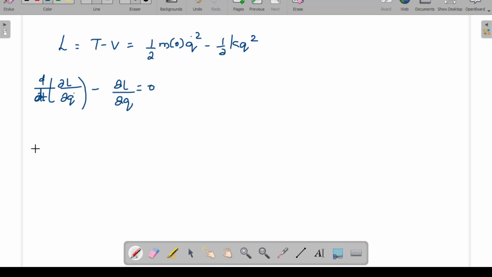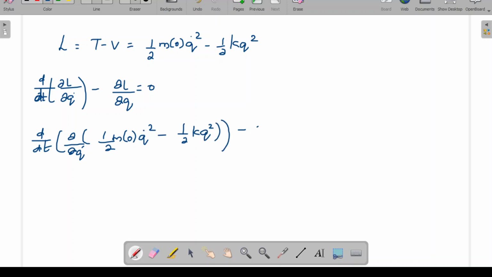Then d by dt of, substituting for the Lagrangian, that is dou by dou q dot of L, which is half m0 q dot square minus half k q square, minus dou by dou q of half m0 q dot square minus half k q square, equal to 0.